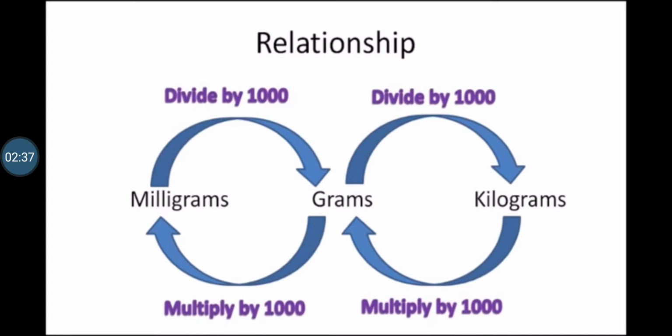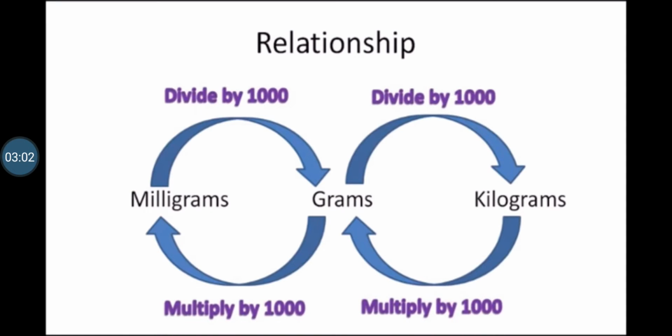And when we move from gram to kilogram, again we have to divide by 1000. And when we convert the grams into milligrams, we multiply by 1000. In the same way, when we convert the kilograms into grams, we have to multiply the kilograms by 1000.